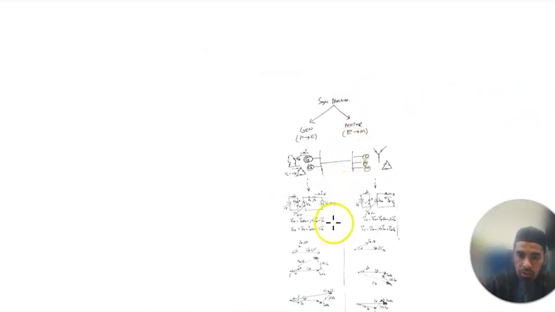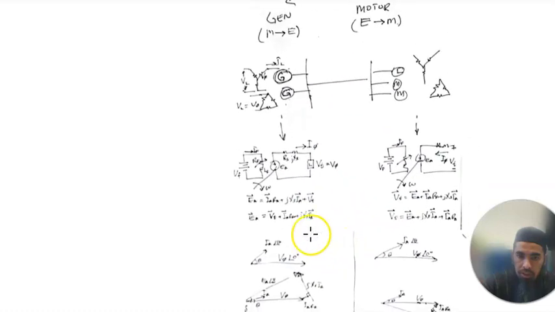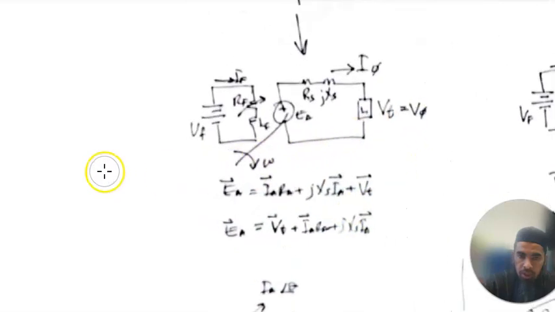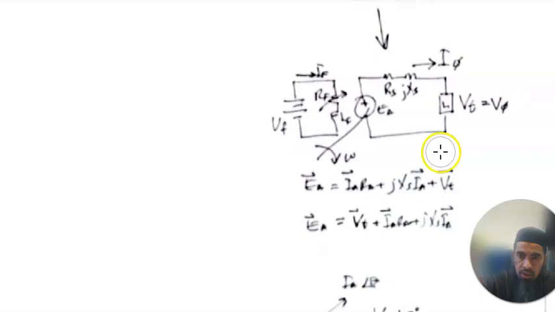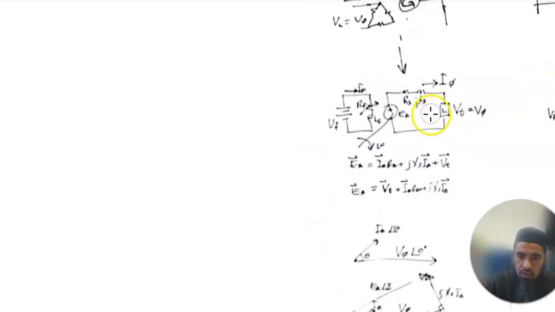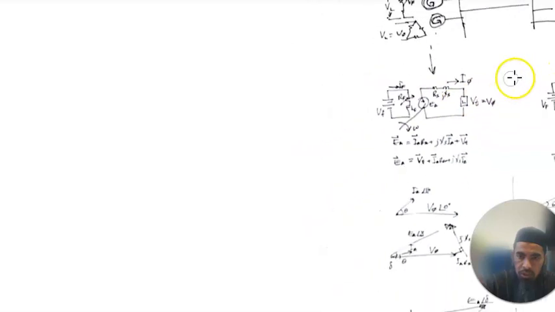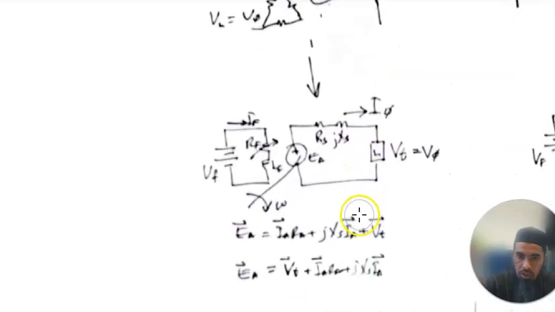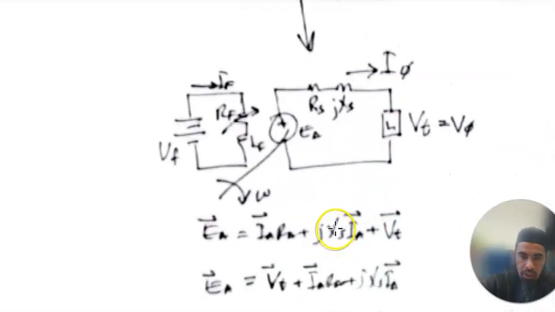Then when it goes down into three phase, let's take a look at the generator part first. Focus on the generator. You can see here, it goes down from the three-phase system scenario into the single phase equivalent circuit.